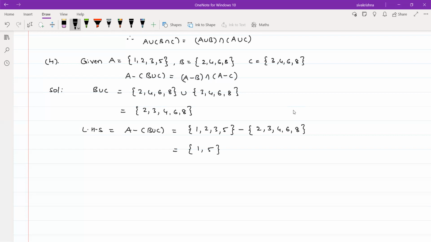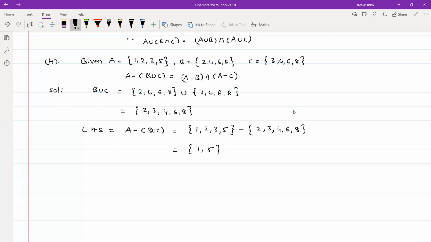So this is the set A minus of B union C, and this is the value of LHS.